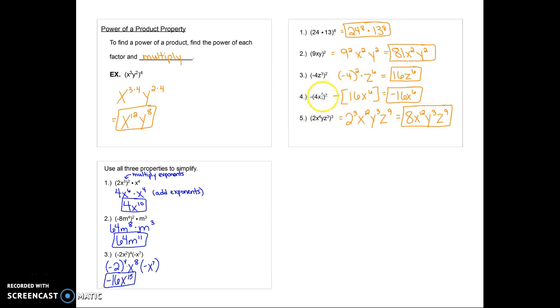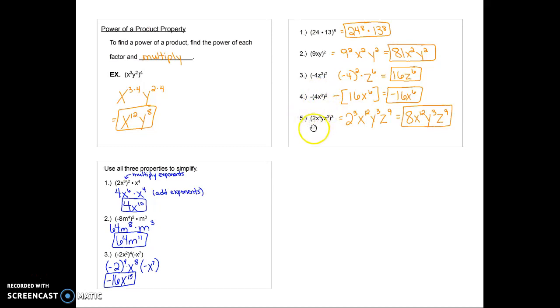X to the 6th power then when I multiply there. Now this negative actually has to get multiplied times this entire piece, so this answer is a -16x to the 6th. Okay? It's very important whether that negative is included in the squaring process, and in this case it was in number 3 because it was inside of those parentheses. Here the negative is on the outside of the parentheses, so it's not included when I distribute that 2 in when I square each of those.